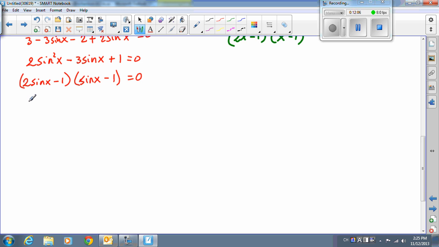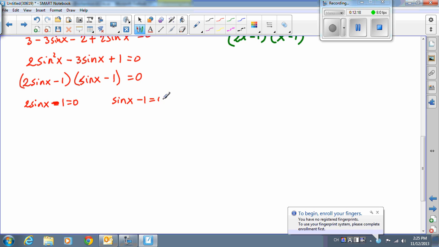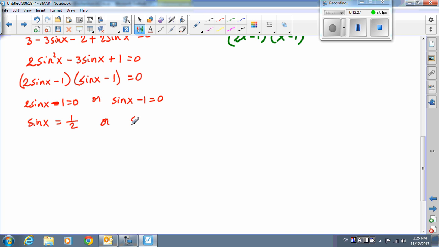That would therefore be 2 sine x minus 1 equals 0, or sine x minus 1 equals 0. So solving this one, I will say sine of x is equal to 1/2, or sine of x is equal to 1. Well, this is on the axis, and the only place where the sine is equal to 1 is actually this point here, and that is pi over 2.